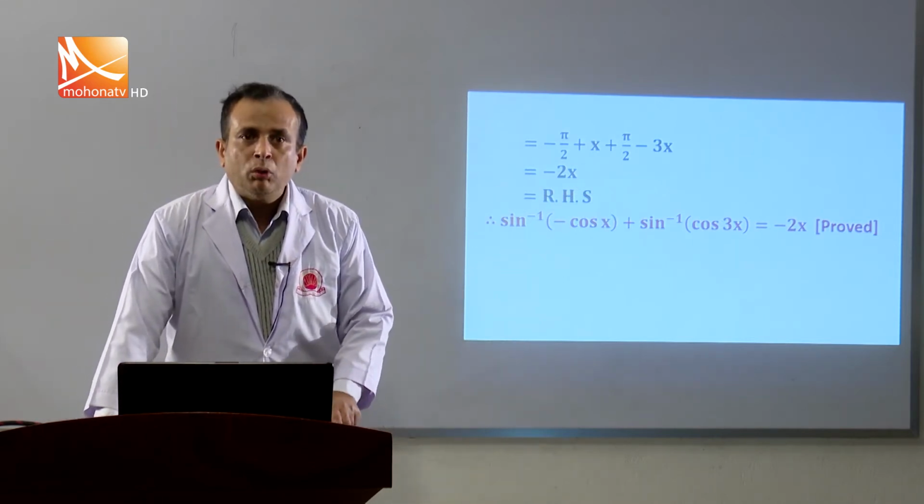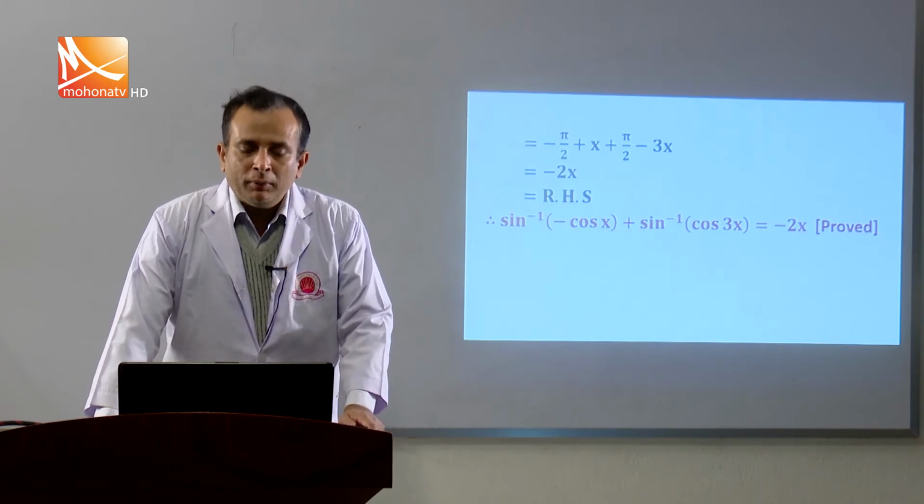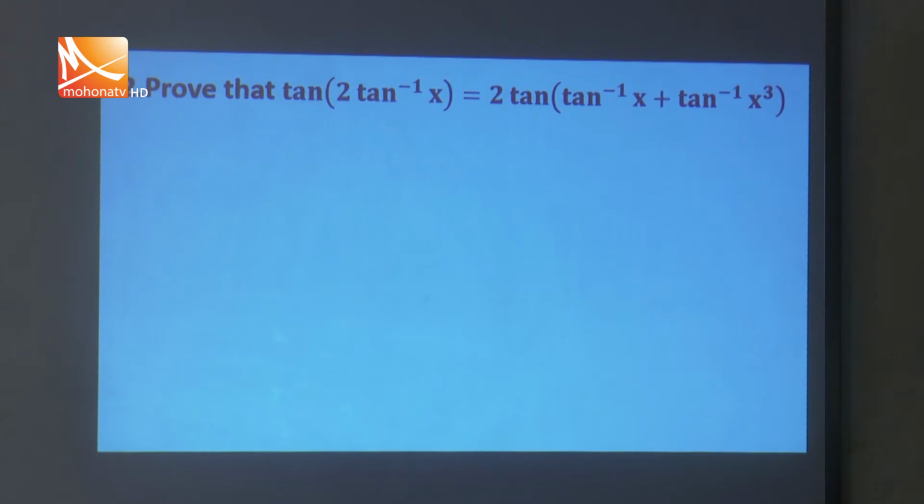Okay. Now we are going to see another problem, problem number 2. Prove that 2 tan inverse x equals 2 tan inverse x plus tan inverse x cube. Look at the left hand side, 2 tan inverse x.